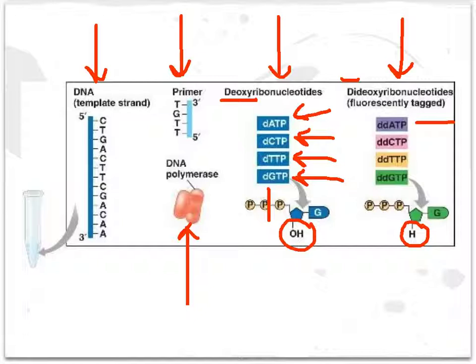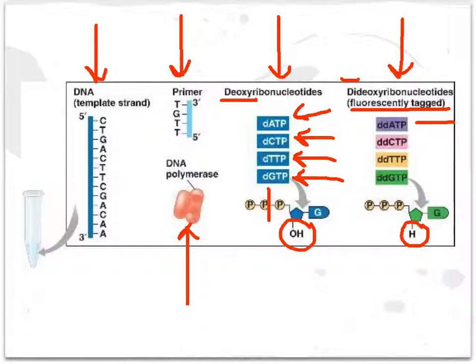Ultimately, another nucleotide cannot bind to that di-deoxyribonucleotide. Okay, so it stops the polymerization process. More importantly, that di-deoxyribonucleotide also has a fluorescent tag. That's going to be important for us in a second.